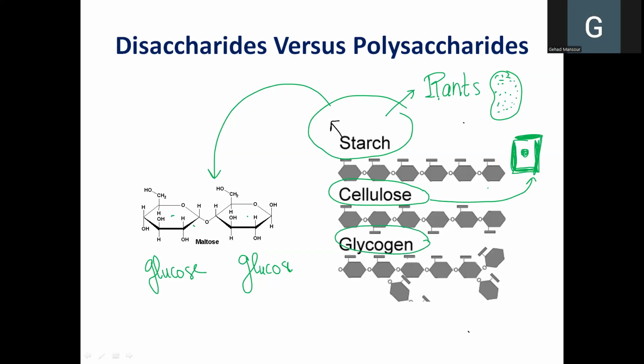Glycogen is the most complex, highly branched polysaccharide, and glycogen is the storage form of carbohydrates in animals, like human beings. So give me an example of an organ in the human body that stores glycogen: the liver.